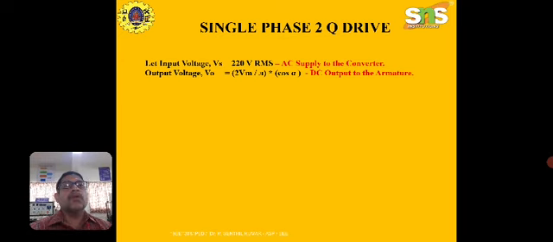This is the output voltage of the converter, the DC output to the armature. Alpha is the firing angle. Vm is the maximum voltage of AC. You know how to calculate the maximum voltage from the RMS.